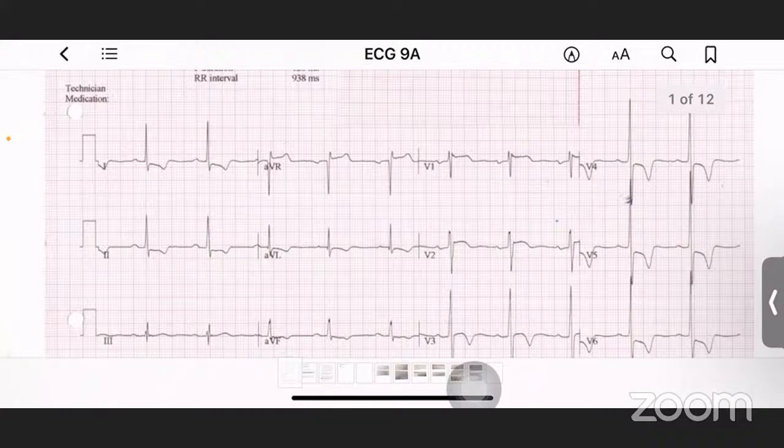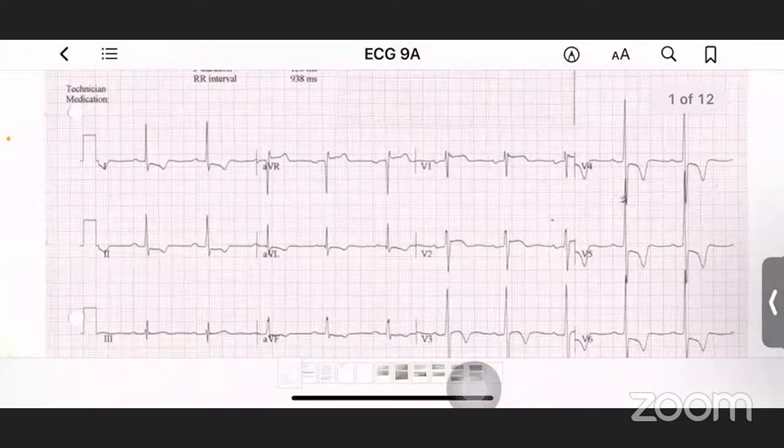Inferior leads also show some ST depression and T inversion. Just now we mentioned ST depression means ischemia. And then there is LVH with strain pattern. So there is ischemia in the anterolateral septal leads plus the inferior.